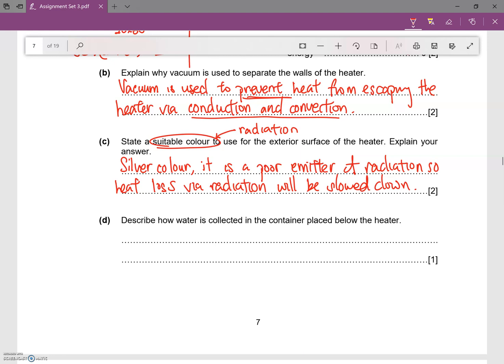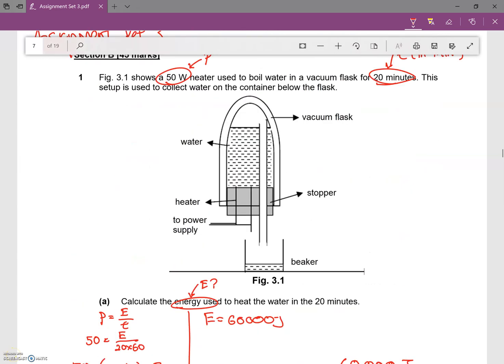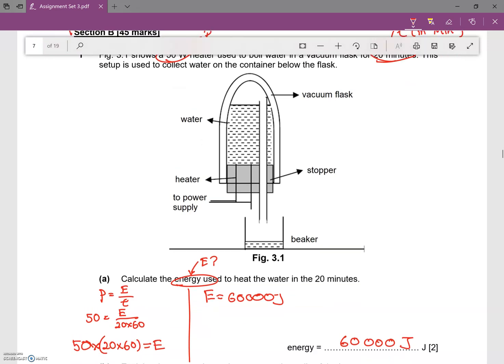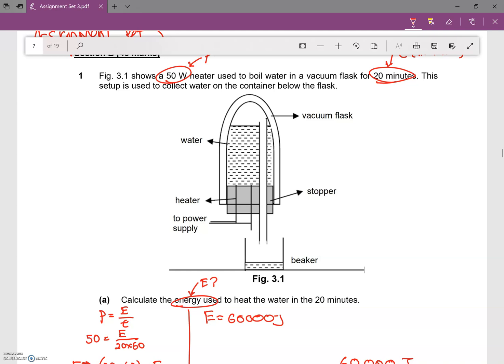Part D. Describe how water is collected in the container placed below the heater. Looking at this whole setup, my guess is, because of this tube here, that when the water level goes beyond this blue color level, the water overflows and comes into the beaker.